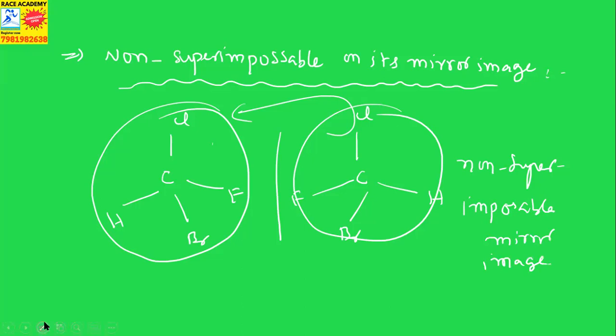So in this discussion, we have noticed the point about chirality. Chirality has recently been used to describe molecules which have no elements of symmetry. Thus, asymmetrical molecules are also called chiral molecules.